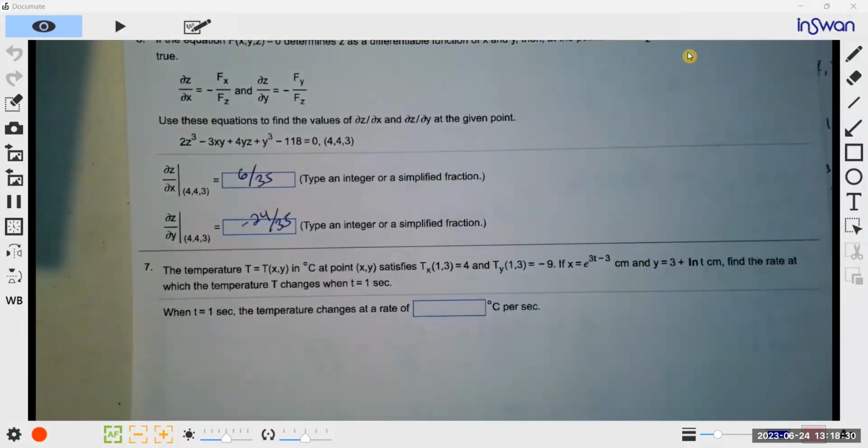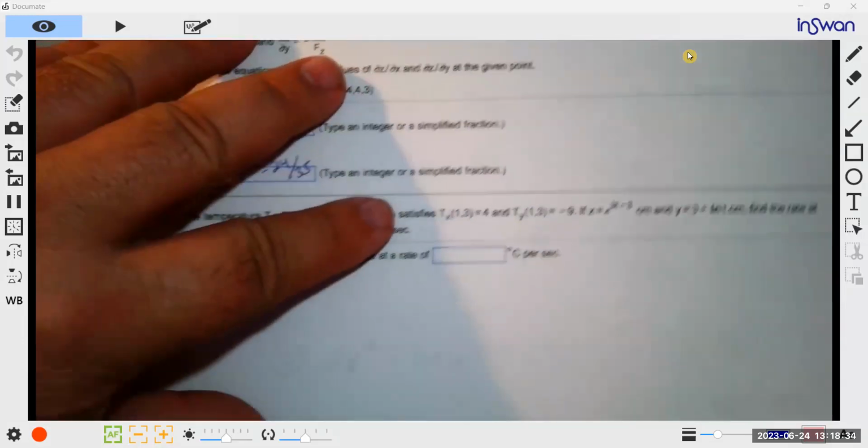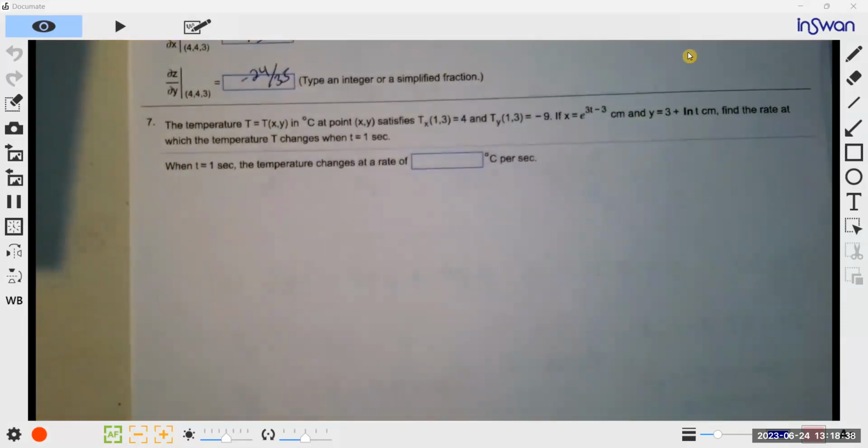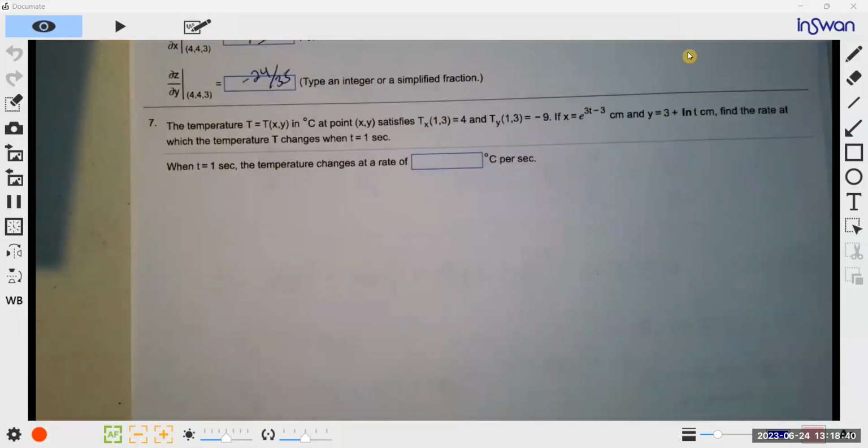And lastly, number 7. Probably have room to do it here. The temperature T is a two-dimensional function at point (x, y). The partial T_x at (1, 3) equals 4.